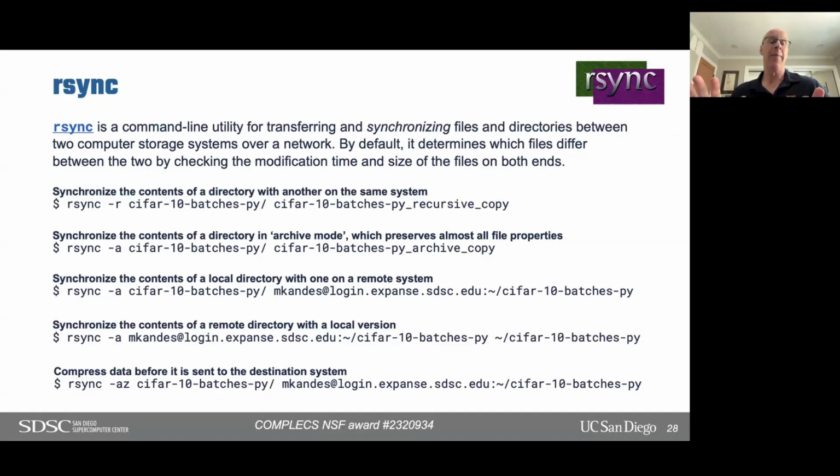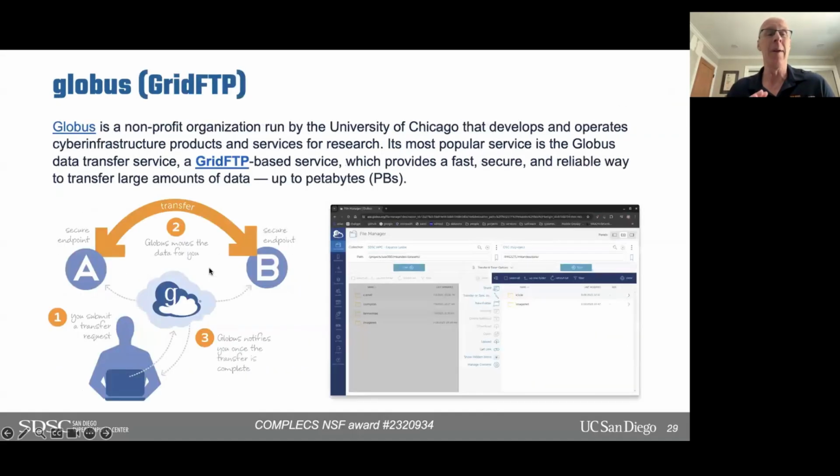You'll see that the syntax is pretty much the same as SCP, but there's one flag that I want to point out here, and that is the -a flag. This means to use rsync in what we call archive mode. And what that means is it's going to preserve the permissions, symbolic links, ownership, and so on. So again, if you're regularly synchronizing data between two systems and you want an easy way to just move the data that's been modified or the new files, rsync is the way to go.